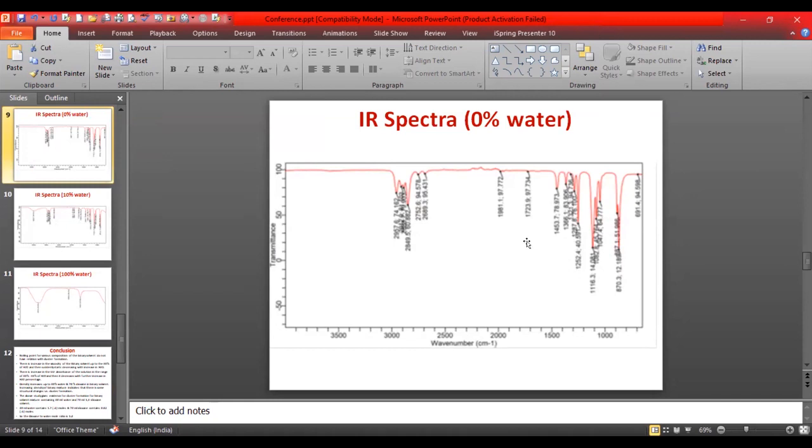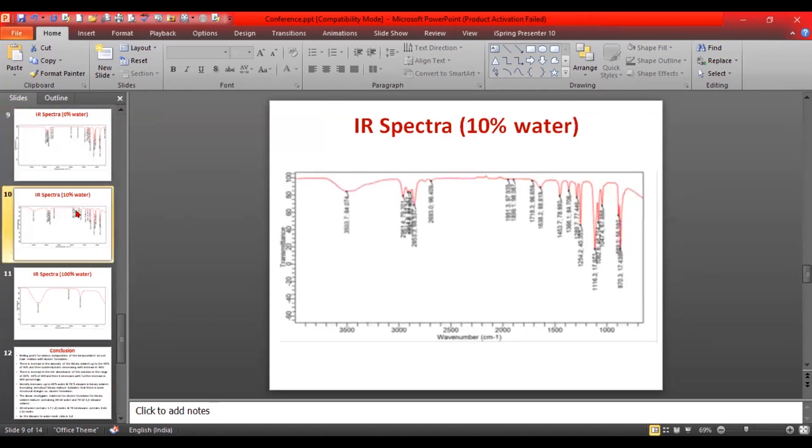We have to see whether there is a change in the peaks when you are mixing water and dioxane. Once you start adding water, you get the peak for OH frequency at 3500. Actually, it is higher because hydrogen bonding is absent, because you have a lot of dioxane between the two water molecules.